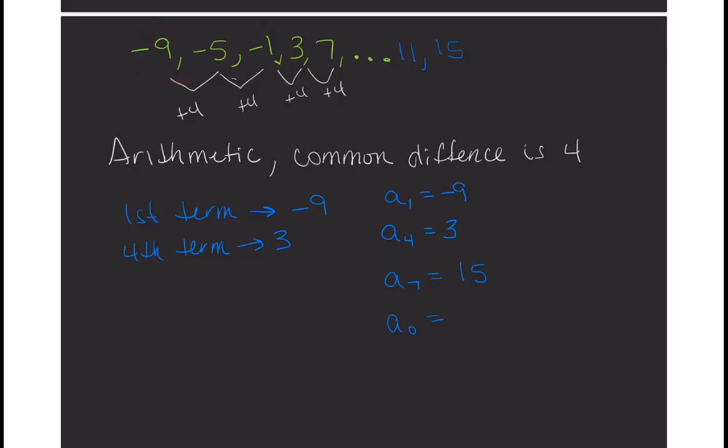How'd you get negative 13? Yeah, you got to go back, right? So if we're adding to go forward, we're going to subtract to go back. And we're going to get negative 13. Yep.